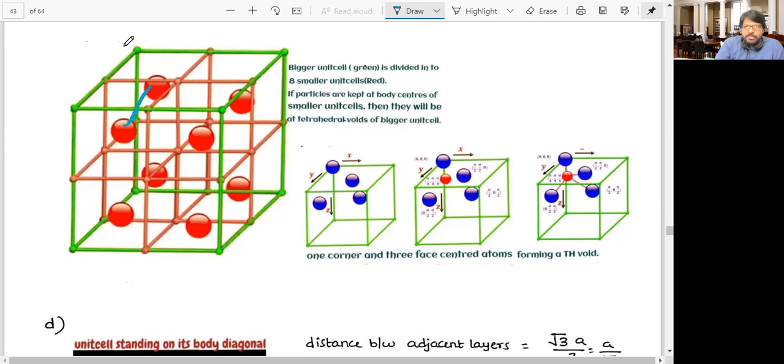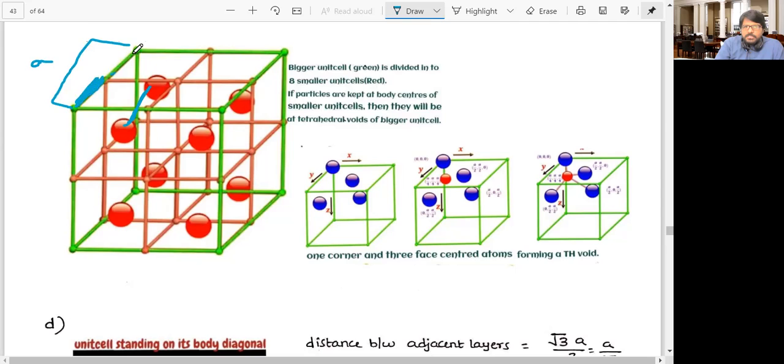See, if you carefully observe, we are talking about this unit cell. And this is A. Now, obviously this distance will be A by 2. This distance will be A by 2.